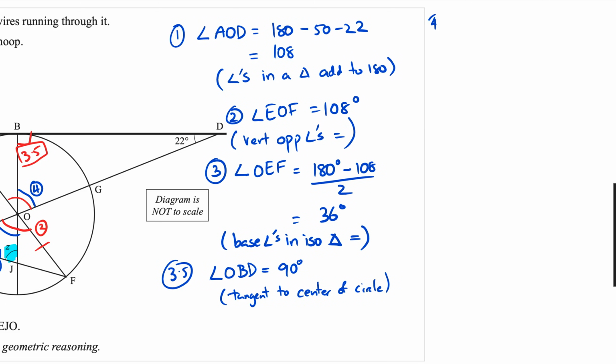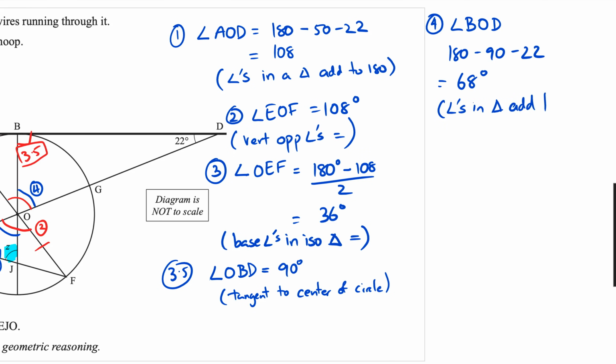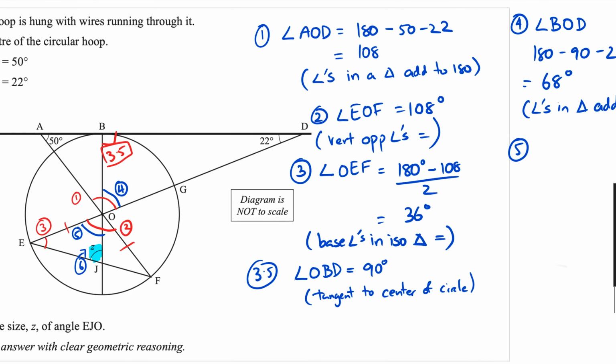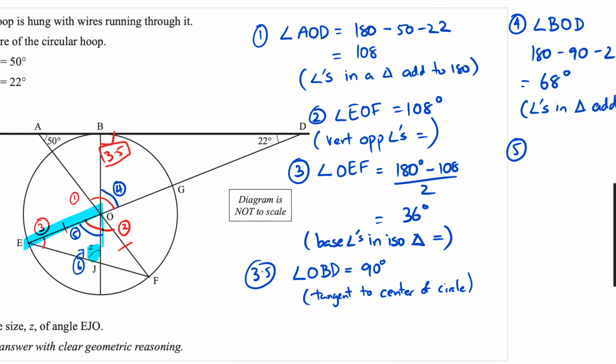I'm running out of space, which is angle BOD. BOD is equal to 180 minus 90 minus 22, which gives me 68 degrees. That's because angles in a triangle add up to 180 degrees. Which then takes me to step 5. Step 5 was angle EOJ, which is this one here.